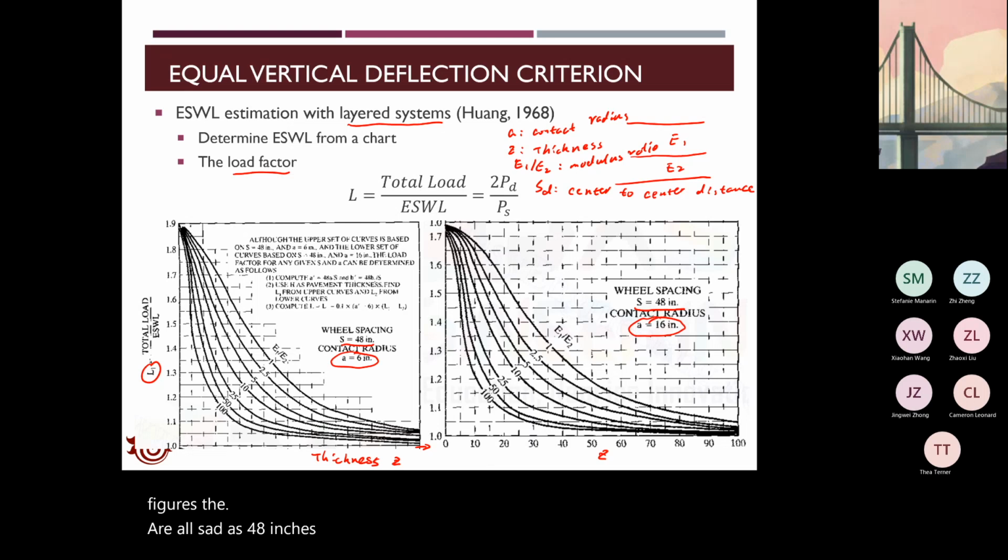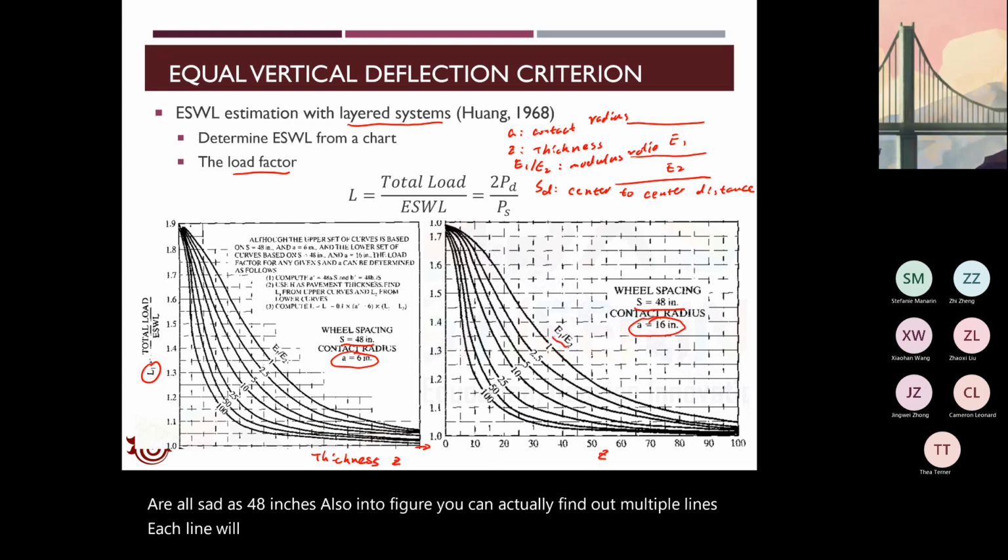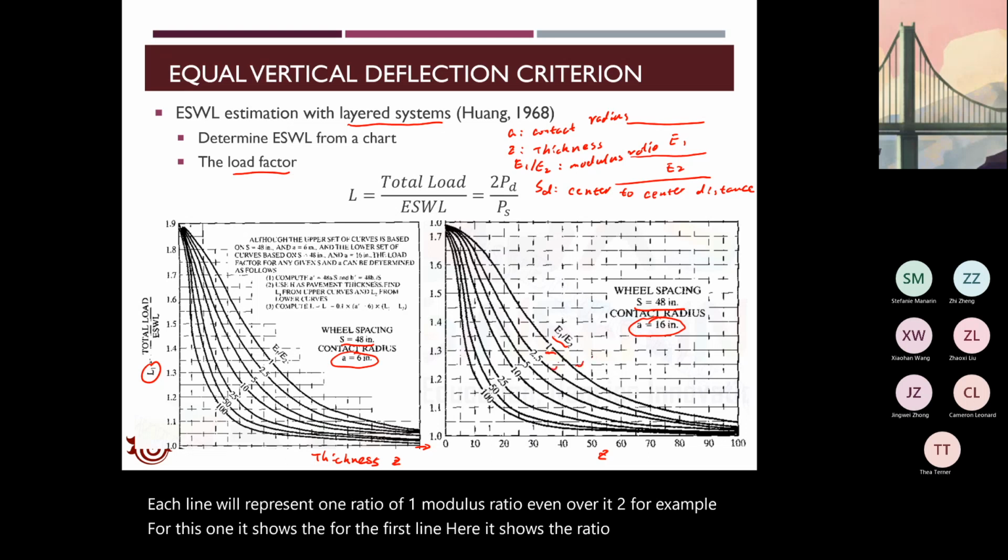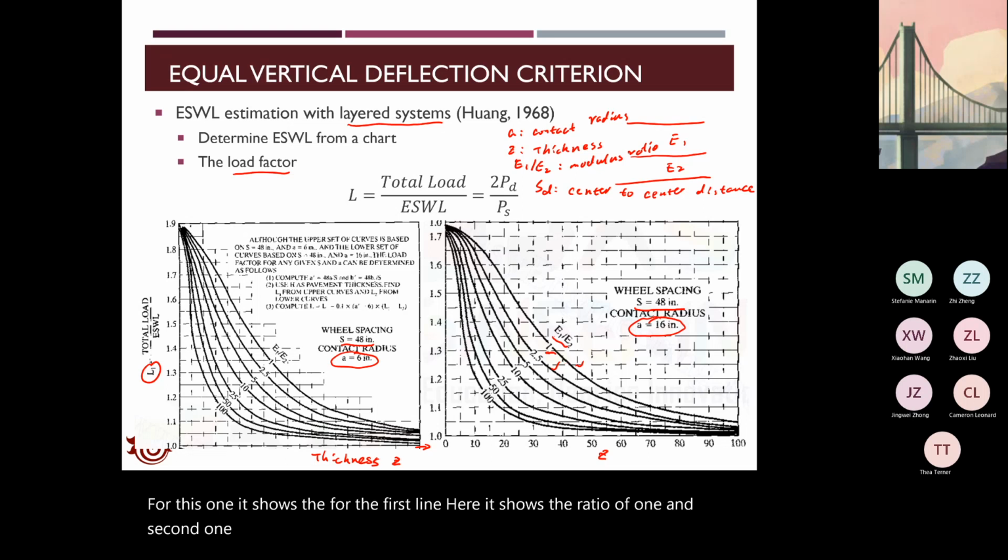Also, in each figure, you can find multiple lines. Each line represents one modulus ratio, E1 over E2. For example, the first line shows the ratio of 1, the second one shows the ratio of 2.5, and you can find ratios up to 100.